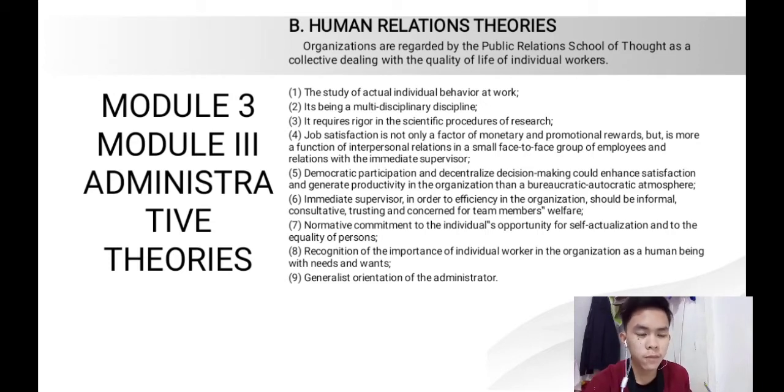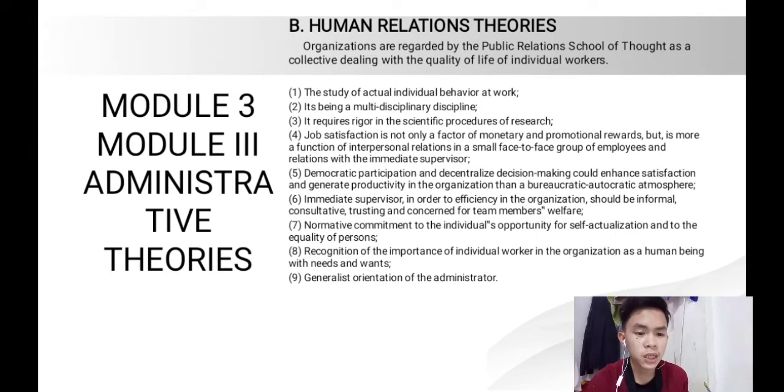So what are the focal points of the human relation theories? Firstly, we have the study of actual individual behavior at work. Second, it is a multidisciplinary discipline. Third, it requires rigor in the scientific procedure of research.